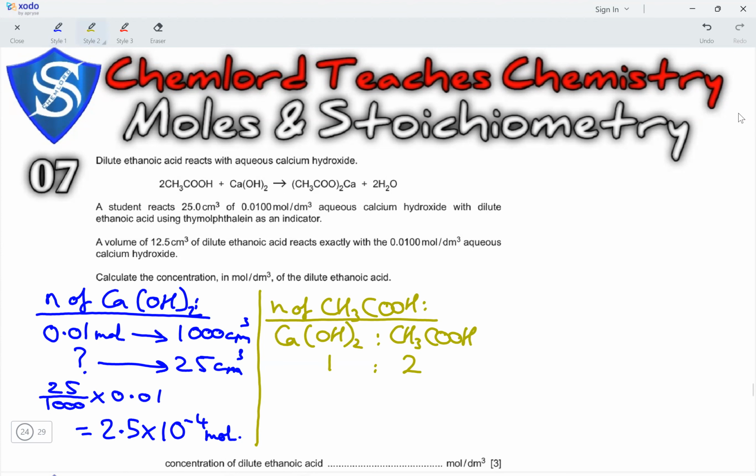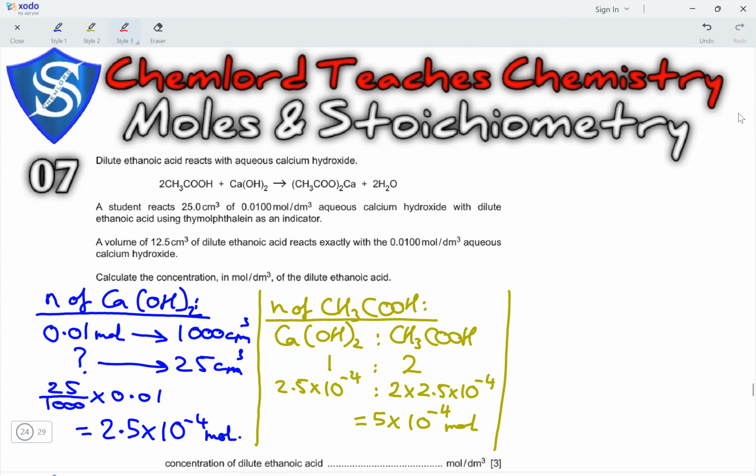So the number of moles of calcium hydroxide is 2.5 × 10⁻⁴. In order to react with this, the number of moles of ethanoic acid required would be twice that of calcium hydroxide. So 2 × 2.5 × 10⁻⁴, which gives us a value of 5 × 10⁻⁴ moles of ethanoic acid.